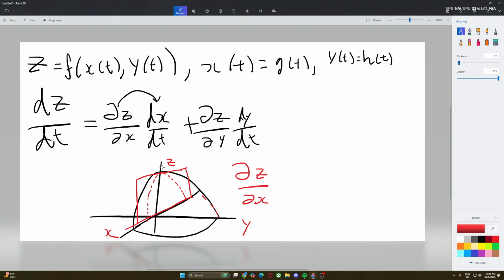The partial derivative reveals this two-dimensionality of the 3D surface, and based on the chain rule, we multiply the derivative with the derivative inside, since x was a function of t and z was a function of x and y.